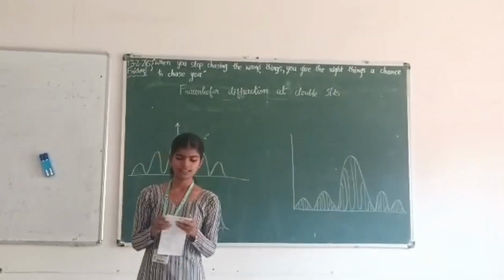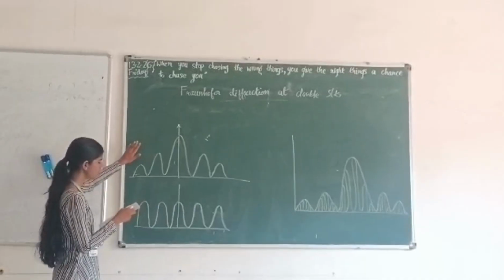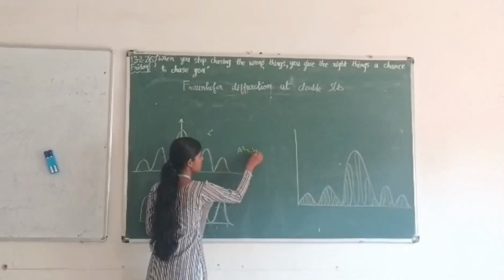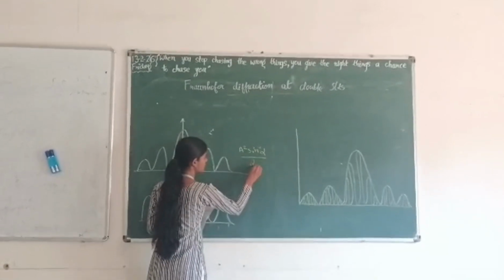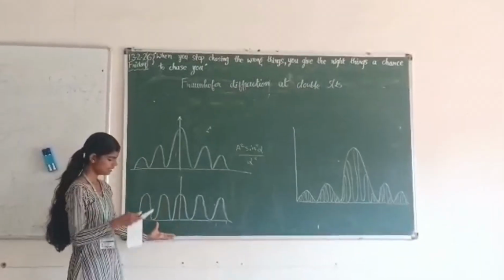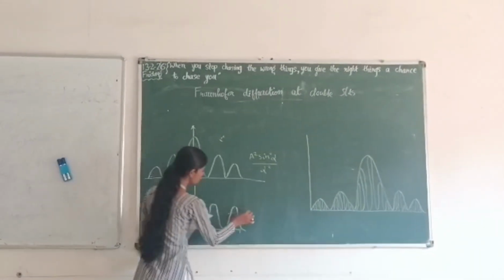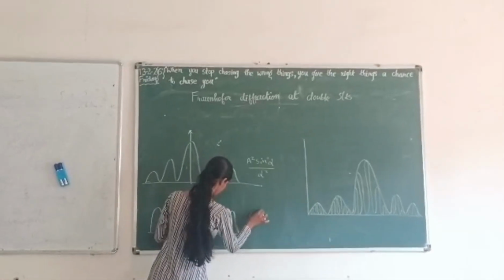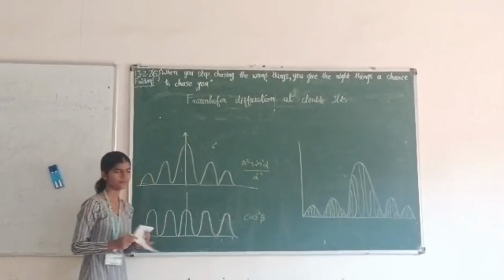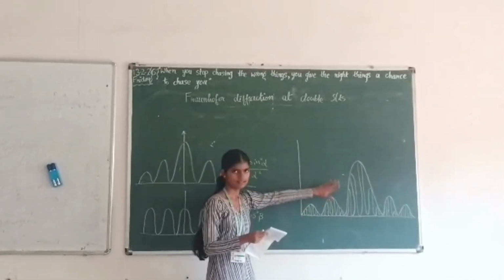Here there are two graphs. This is the intensity distribution due to the factor A square sin square alpha by alpha square, that is the diffraction pattern, and the next one is the intensity distribution due to the factor cos square beta. The resultant intensity graph will be like this.